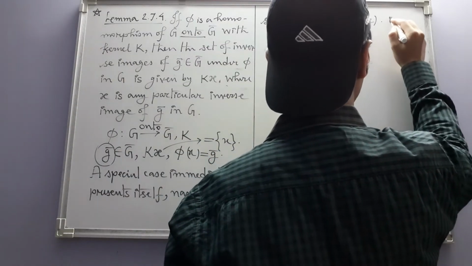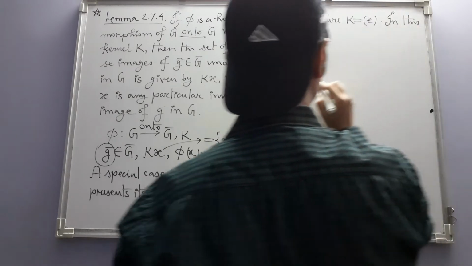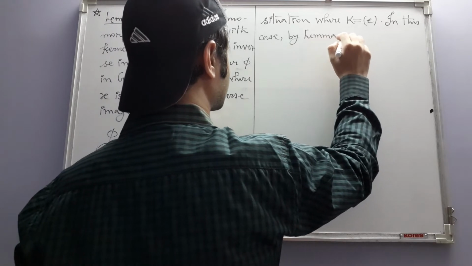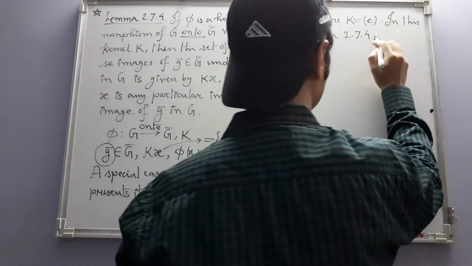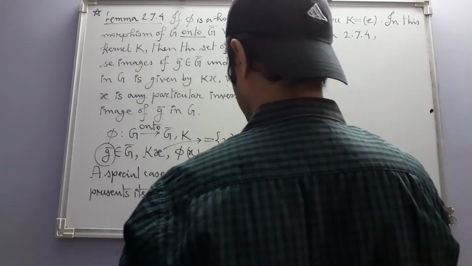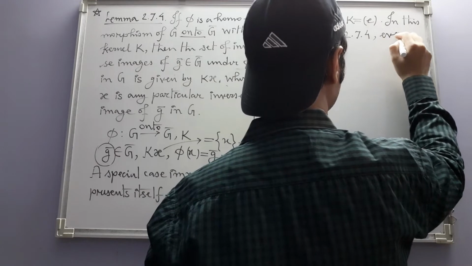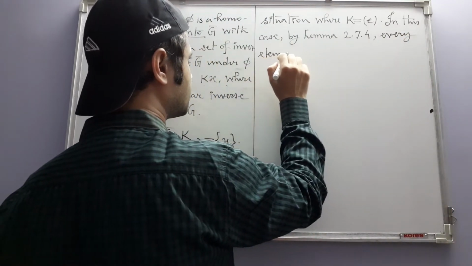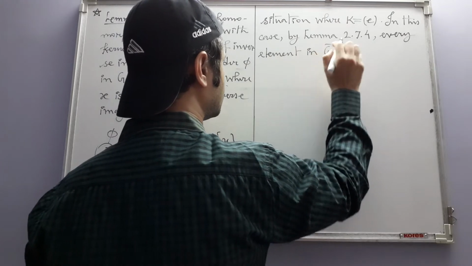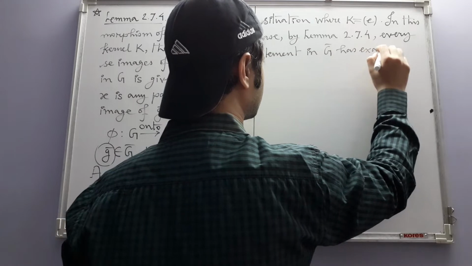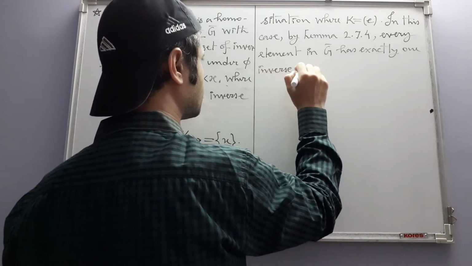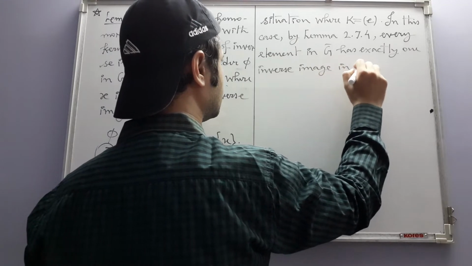So let's write these things. In this case, by lemma 274, every element in G bar has exactly one inverse image in G under phi, of course.